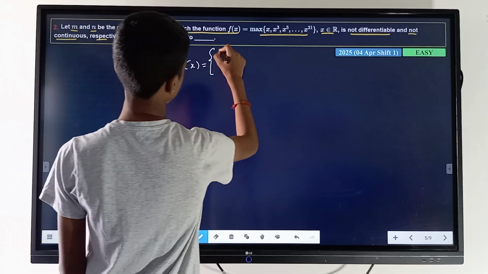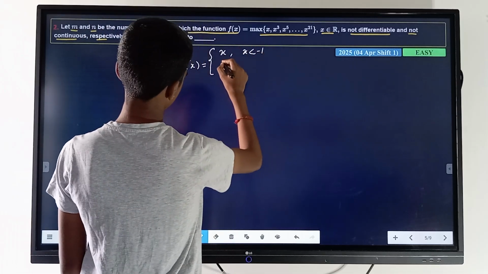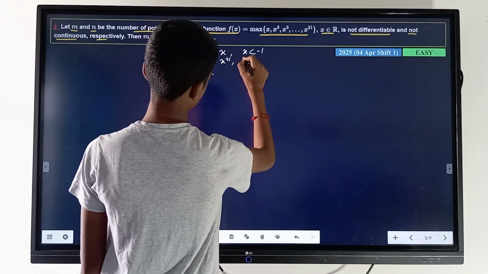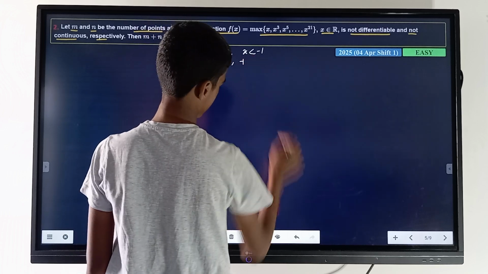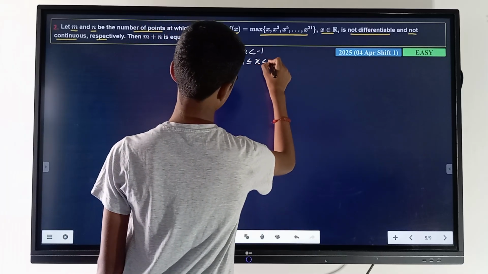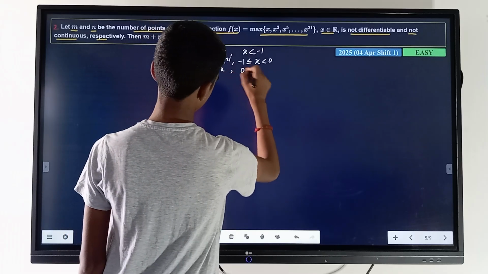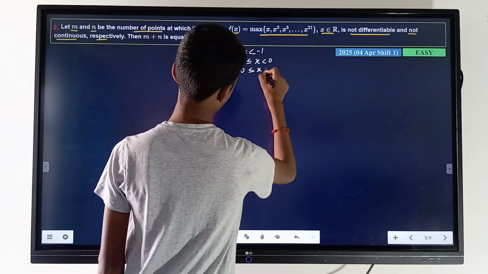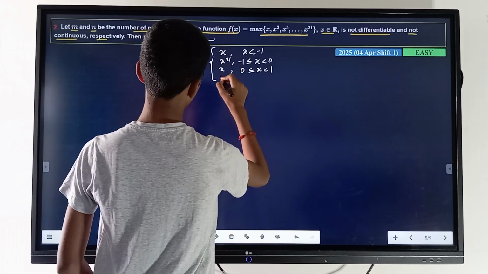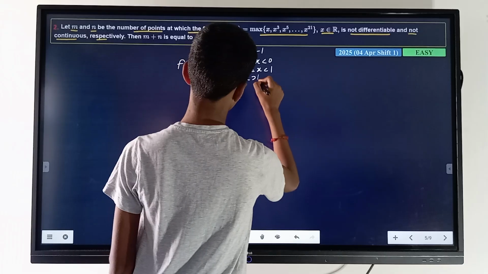it will be x if our x is less than minus 1. It will be x raised to power 21 if x is greater than equal to minus 1 and less than 0. It will again be x when x is between 0 and 1, and it will be x raised to power 21 if x is greater than 1.